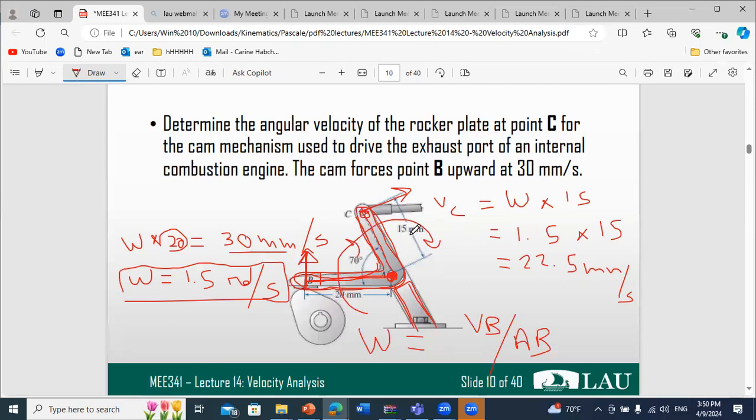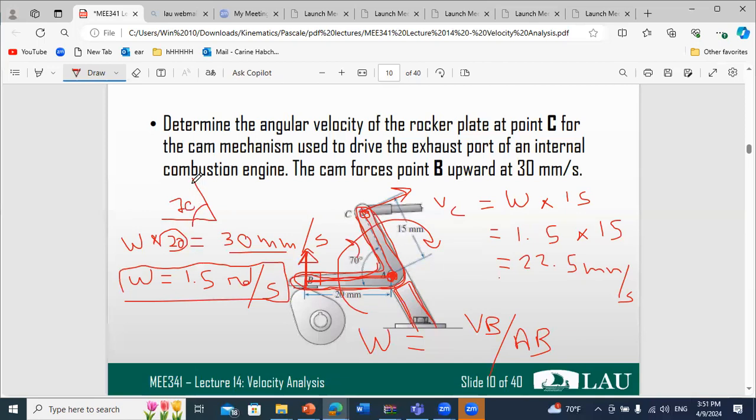So now we say the direction of VC is perpendicular to the radius AC. And since you know that AC is making with the horizontal an angle of 70 degrees, if I present it here, this is AC. AC is making with the horizontal here an angle of 70.